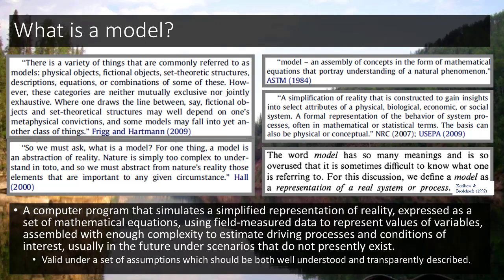So it has to be complex enough that you're capturing the complexity of the system, but not so complex that you sort of lose track of all your variables. And so probably the most complex types of models are basically the global climate change models. They have tons and tons of nested models within them.